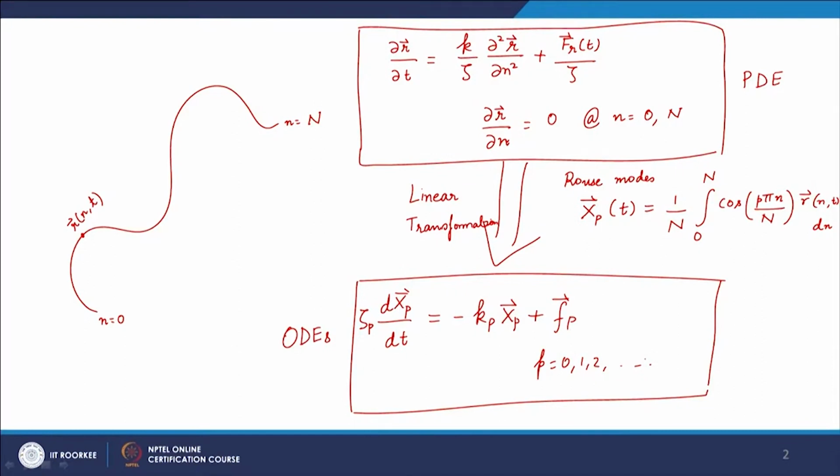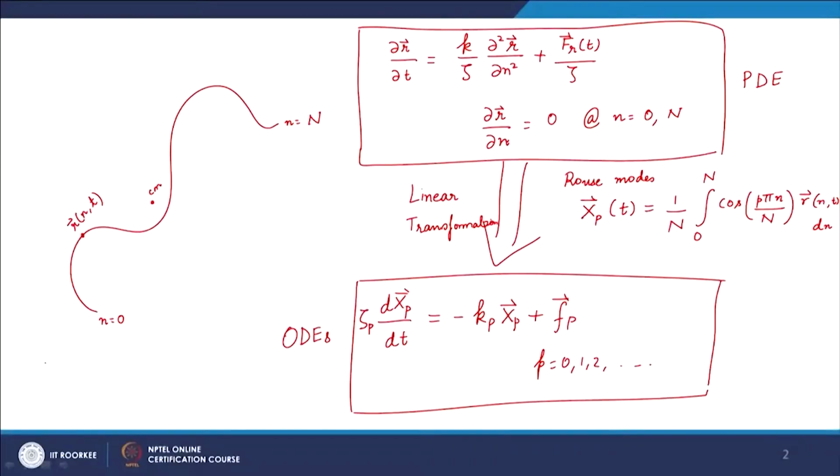Then we said that if I am interested in the center of mass of a polymer chain, which characterizes the position of the overall polymer chain in space, the center of mass is given by the zeroth Rouse mode, that basically characterizes the center of mass, and therefore it characterizes what I refer to as the diffusivity of the center of mass, or the net overall diffusion of the polymer chain.